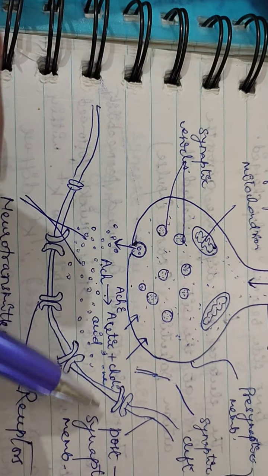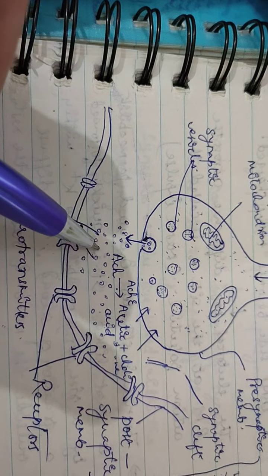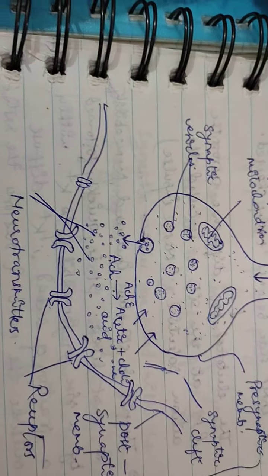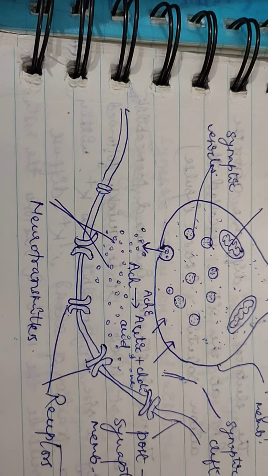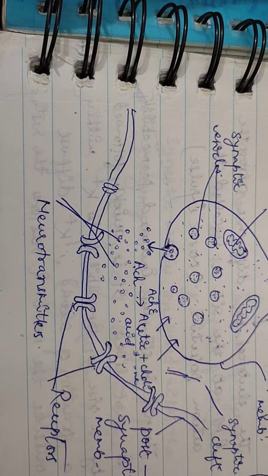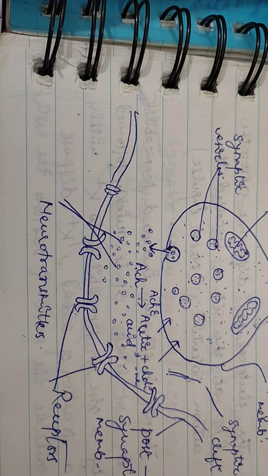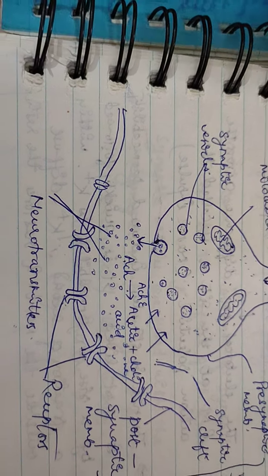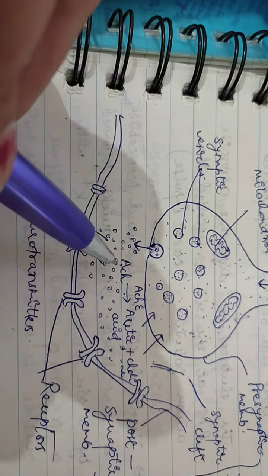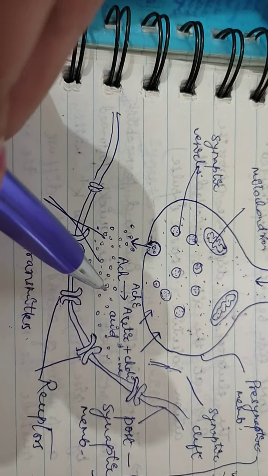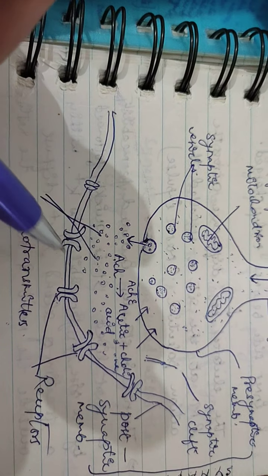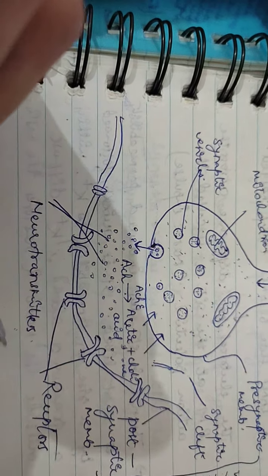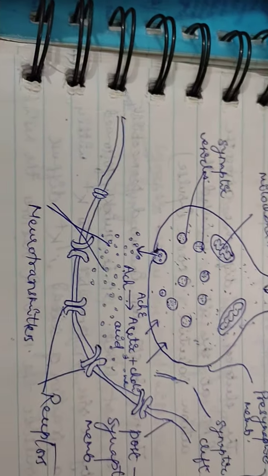These are the receptors. The neurotransmitter comes in contact with these receptors, functions as stimulus and produces an impulse in the dendrite part of the second neuron. You can see here that the neurotransmitter is released here, it is taken by these receptors, and now the stimulus is forwarded towards the dendrite.